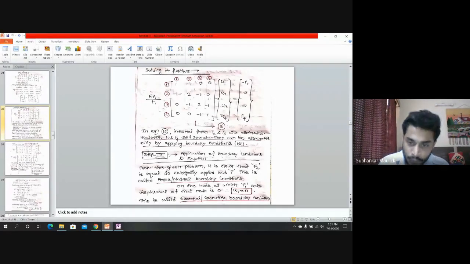Again, I will tell you there are two types of boundary conditions given in any problem. One is called the force or natural boundary condition, and the second is known as the essential or geometric boundary condition. What is the force or natural boundary condition? This is the boundary condition which is given in the problem.